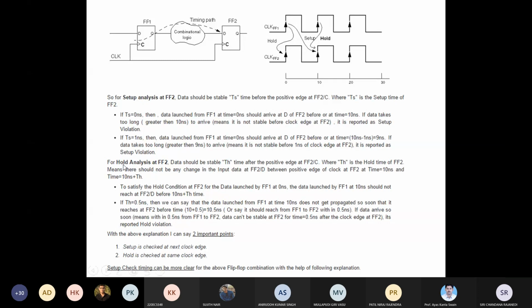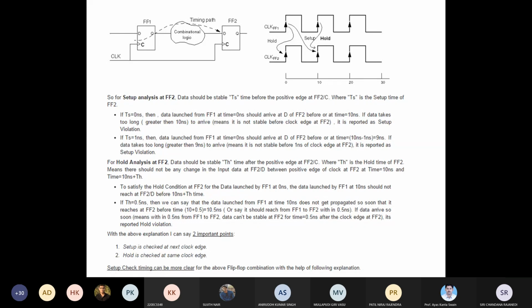If assume that my TS is 1 nanosecond, data launched at 0 nanosecond must reach FF2 before 10 nanosecond minus 1 nanosecond, that is at 9 nanosecond, in order to meet the timing requirement. Then only is the setup violation avoided. If data reaches after 9 nanosecond or beyond that, then setup violation happens.